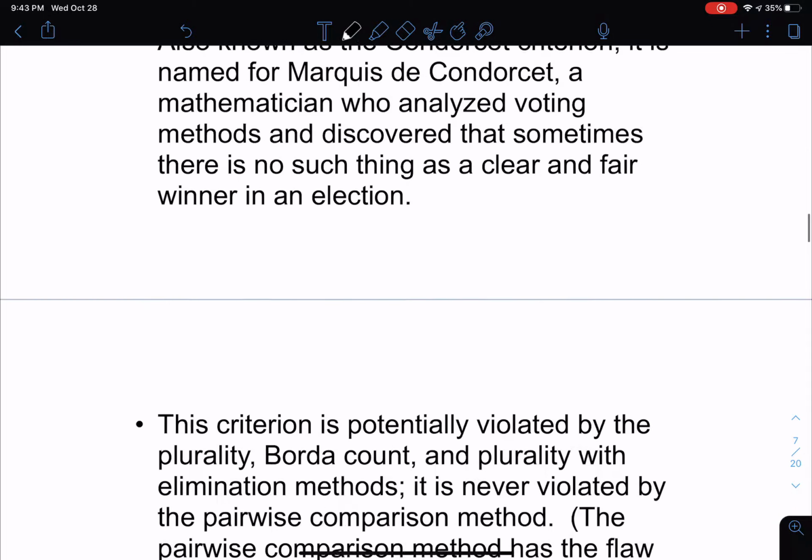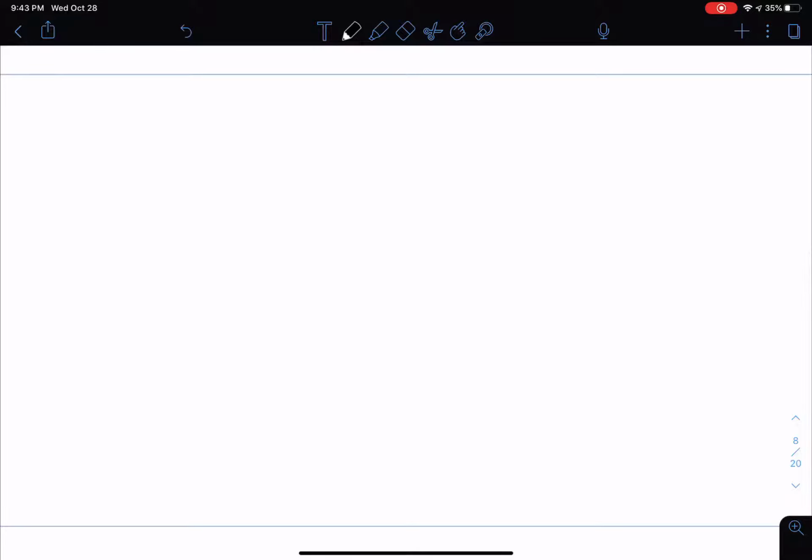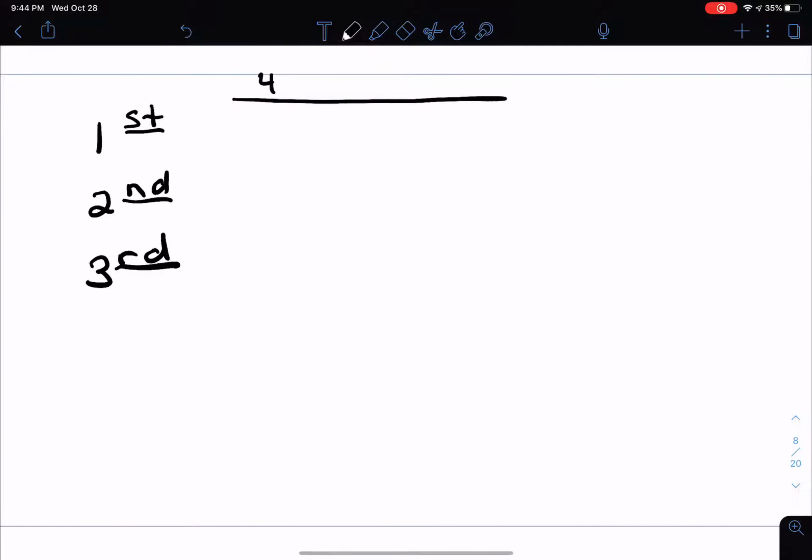Okay, so let's do an example. Okay, so another preference table. We have first, second, and third place. These voters got to rank their preferences. We had 4 voters that put A first, B second, C third.